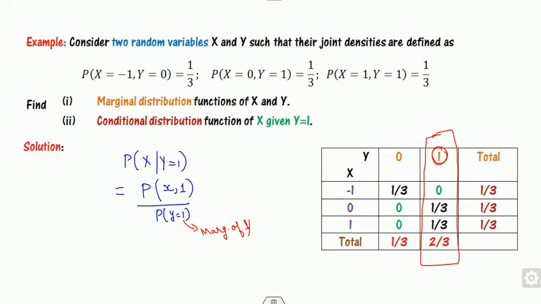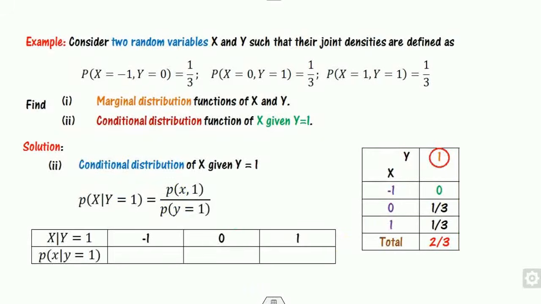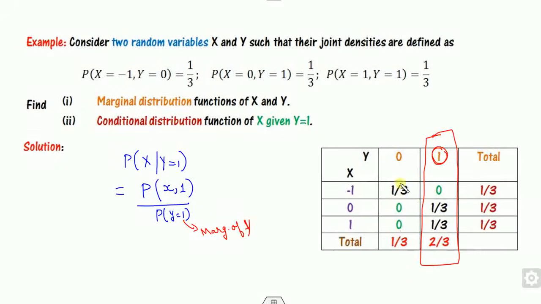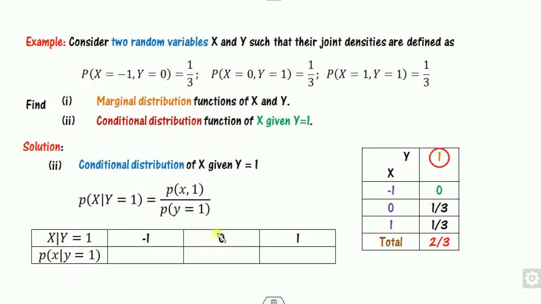So we will consider this column only and delete the others. Only this column is left, and the marginal is here. We want to find the probability of x, and the values of x are -1, 0, 1. When x is -1, the pair is P of (-1, 1), divided by the marginal of 1, which is the total, 2/3.